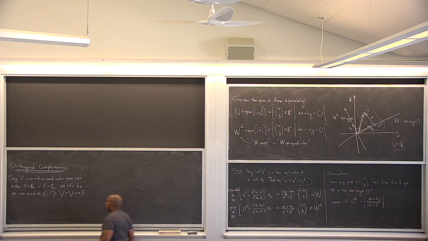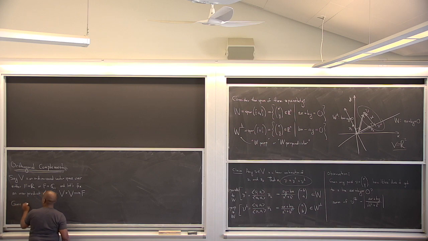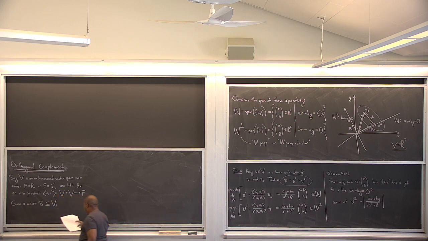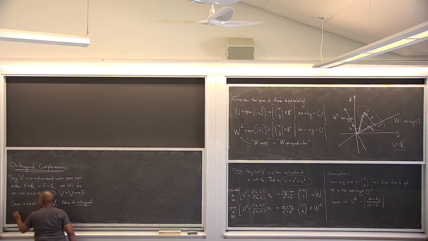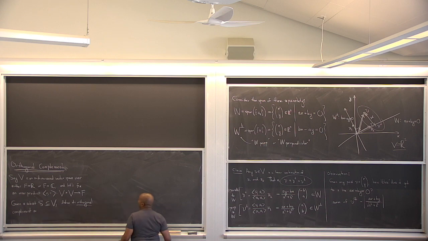Given a subset S, we'll define its orthogonal complement as the following subset.